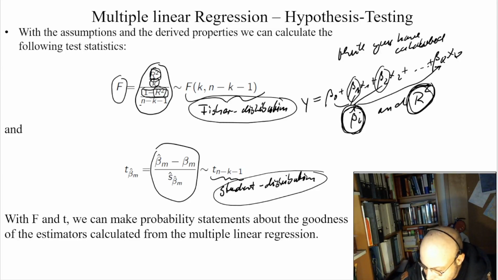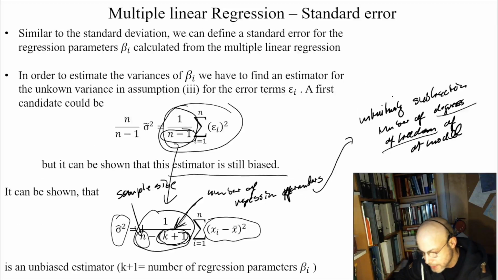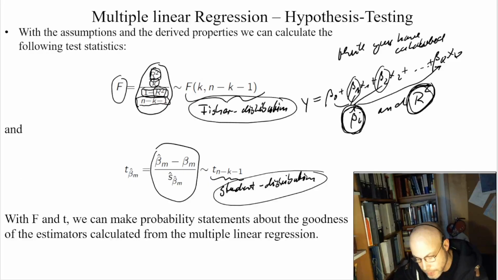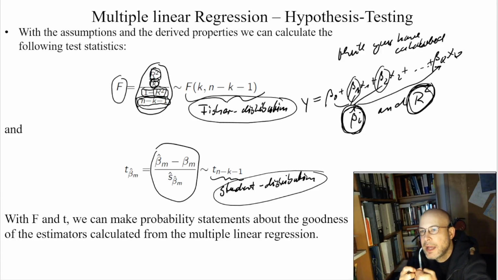And this was the normalization parameter which we already know from our unbiased estimator. You see, n minus k minus 1 we have also here. So these two numbers normalize our value R squared with respect to our model, to the numbers of our model.